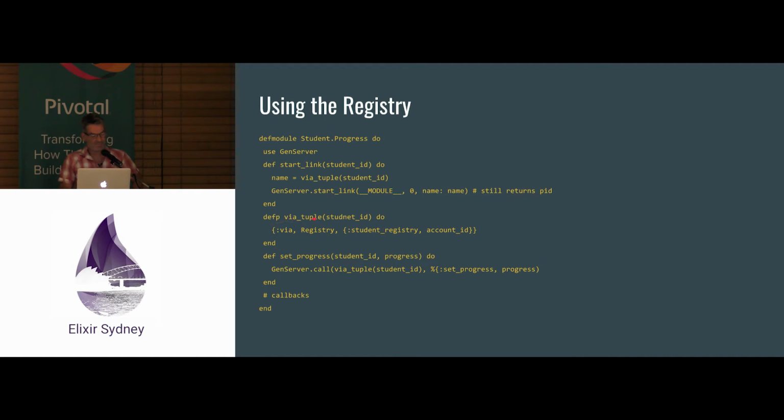So you can see that that is going into this function via tuple, and I'm returning this tuple, which is via the registry, which is the registry module, and then I'm saying use the student registry and the account ID. So the account ID then becomes the thing that this process can be referenced by. And then, sorry, it should be student ID.